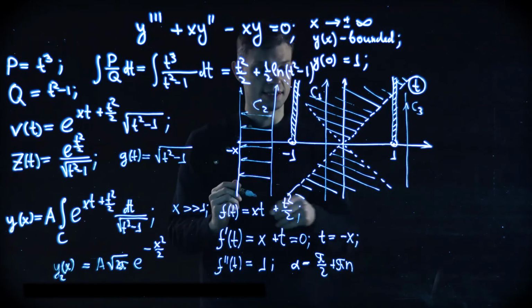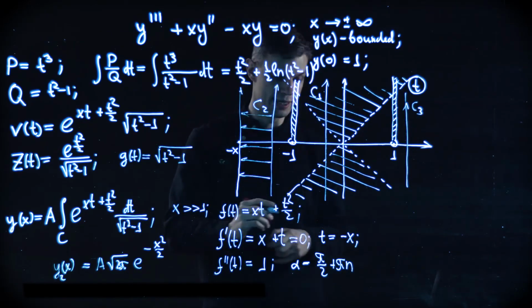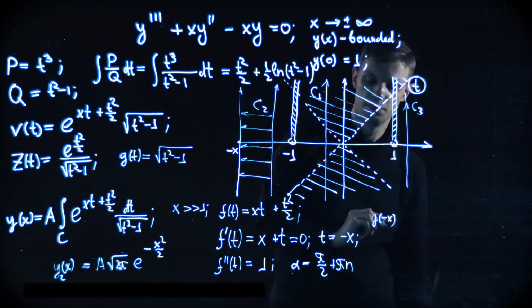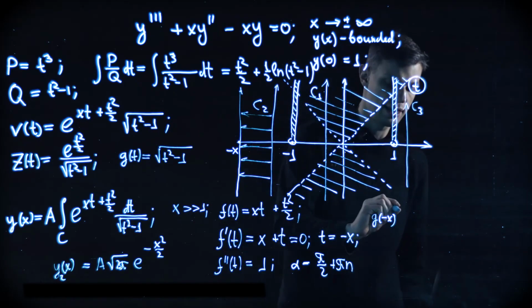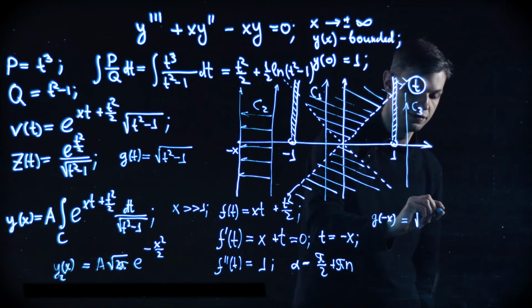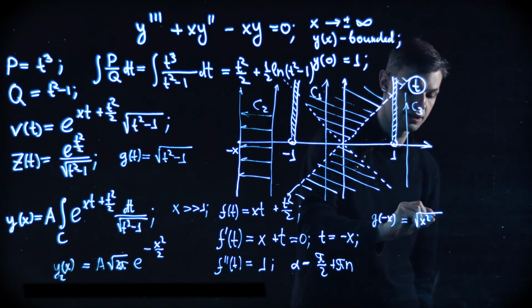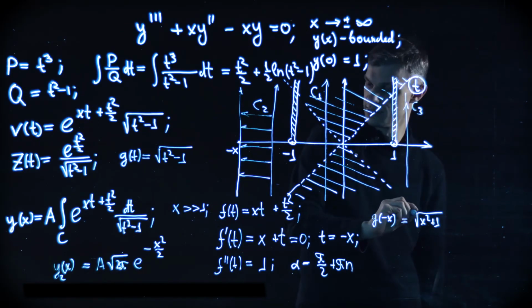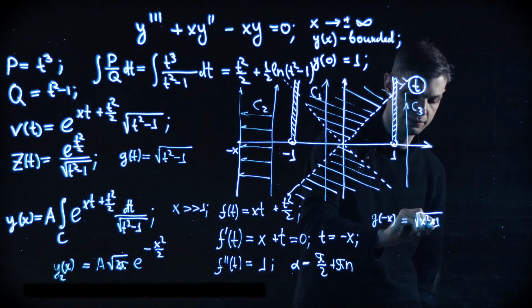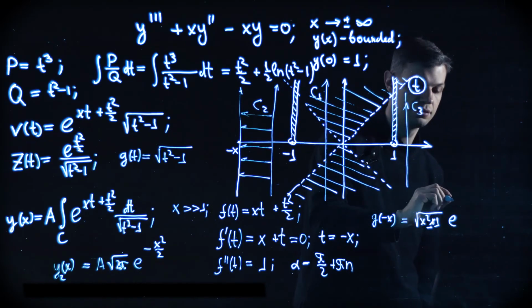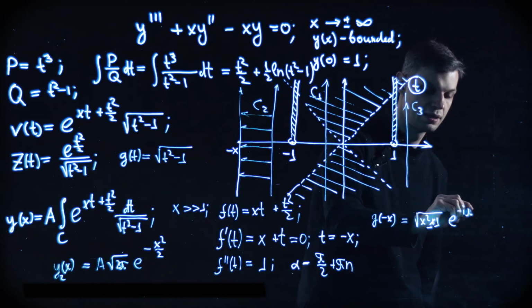So the full rotation is 2 pi, and g of minus x is actually equal to square root of x squared plus 1 times minus 1 times e to the minus i pi.